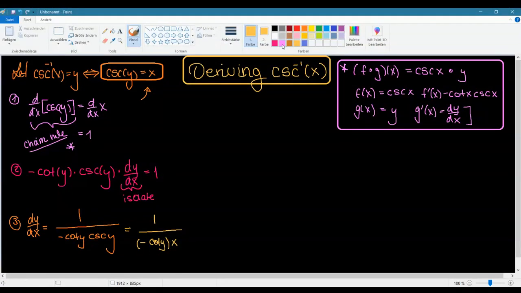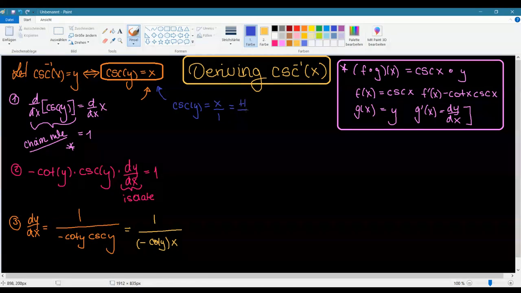What we do is look at this up here and think, okay, cosecant y equals x. Well, anything is itself over 1. And that might remind us that cosecant is the reciprocal of sine, and sine is opposite over hypotenuse. Well, that means that cosecant is hypotenuse over opposite.